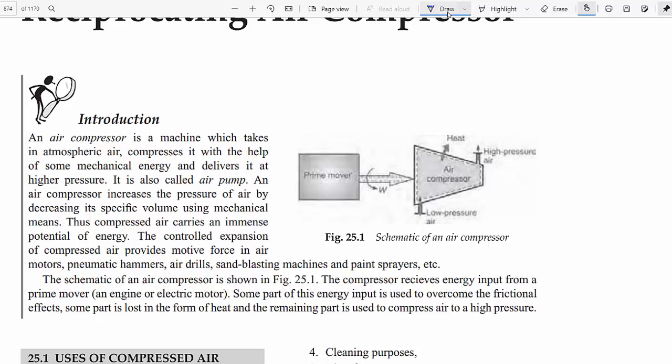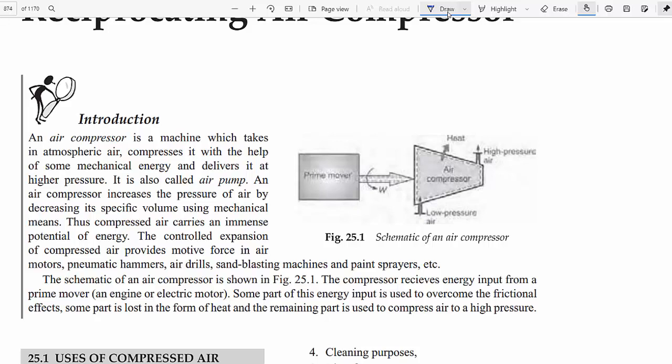Due to the rotation, the compressor sucks the air, and due to the area variation in the outer casing, the compressor compresses the air and delivers high pressure air to the certain application.